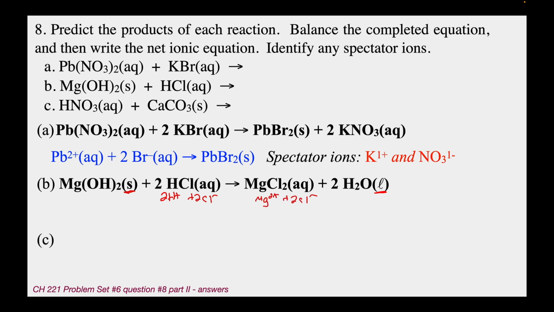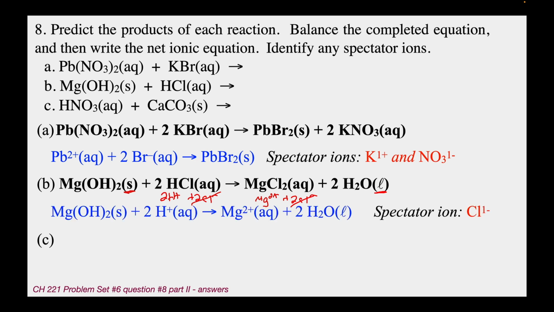So hopefully you can see from my sad handwriting there that 2 Cl- is going to be an ion on both sides. Again, don't break up the solid Mg(OH)2, don't break up the liquid water, but we can break up anything that's aqueous. And sure enough, chloride is in both of those. Chloride here is going to be a spectator.